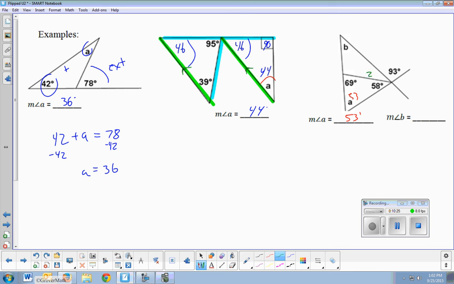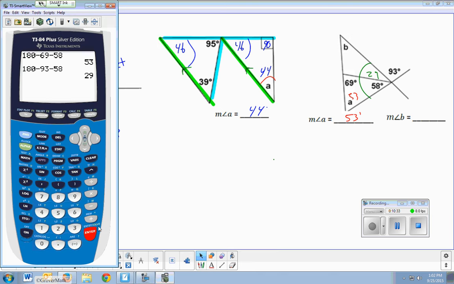So that's 29. Compare that, 29 plus 58 is 87. And 180 minus that 87 and minus the 53 I found earlier gives me angle B has to be 40.